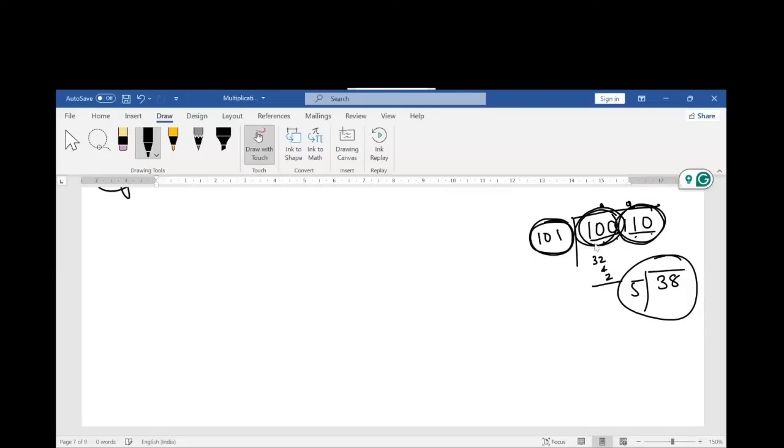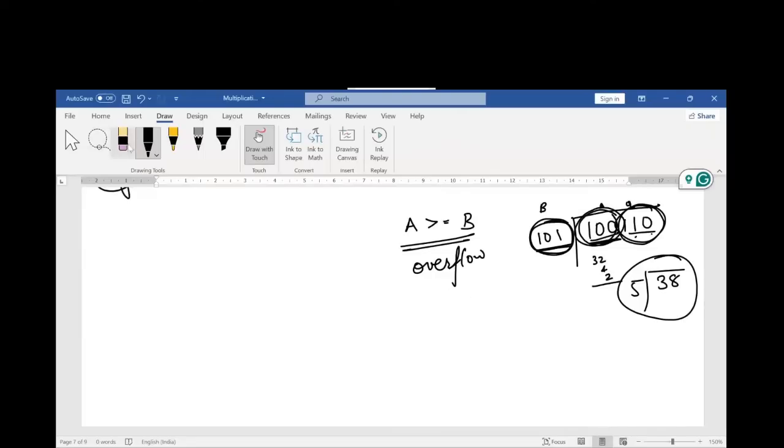So here 3 bits and here also 3 bits. This is your B. So we simply check: if A is greater than or equal to B, there is an overflow. In this case, is A greater than or equal to B? No. This is 100, that is 4, and this is 5. A is not greater than B, and hence there is no overflow.